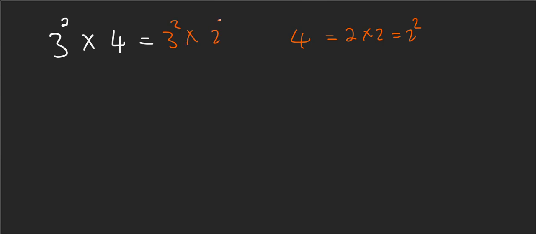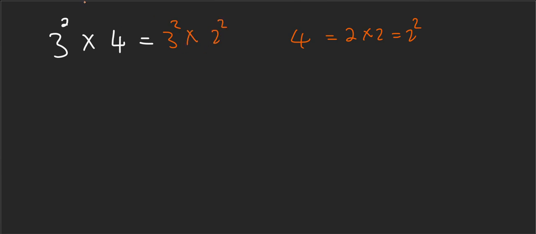Let's try a different example. If I'm given 3 squared multiplied by 4, how can we find the product of this? Well, 4 can be written as 2 multiplied by 2, which is equal to 2 squared. So I can write this as 3 squared multiplied by 2 squared.